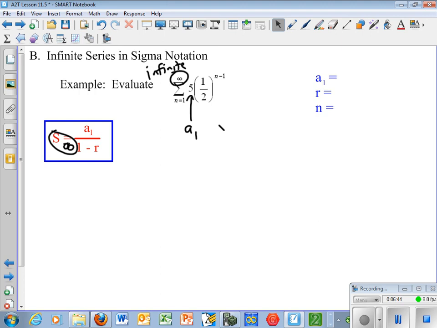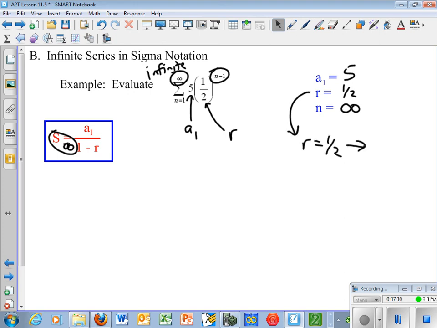Just like in geometric series, the thing that got raised to the n minus 1 power is r. So A1 is 5. R in this case is 1/2. And n is infinite. So r is equal to 1/2.